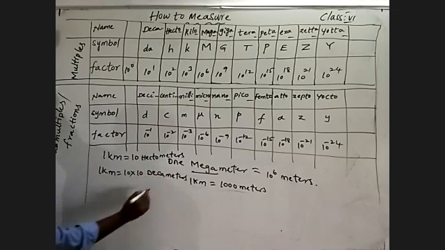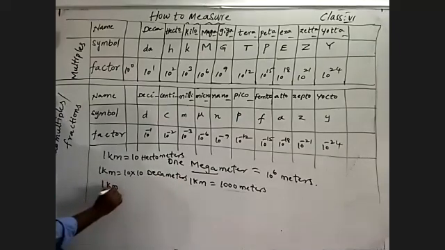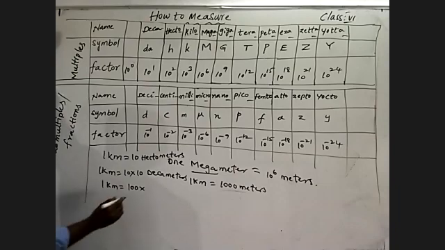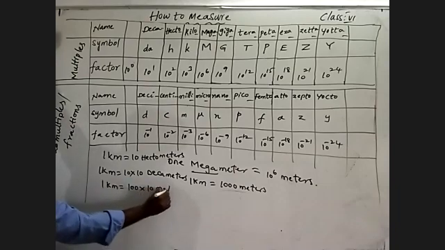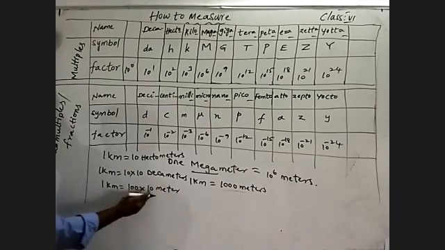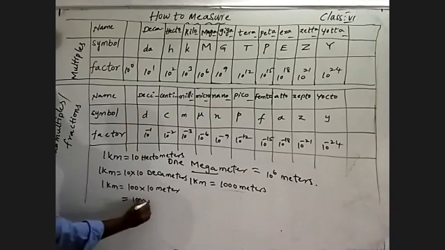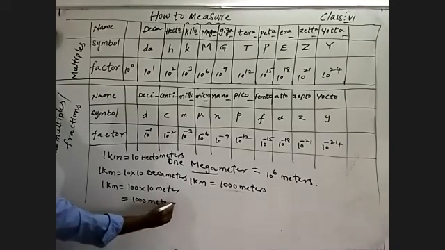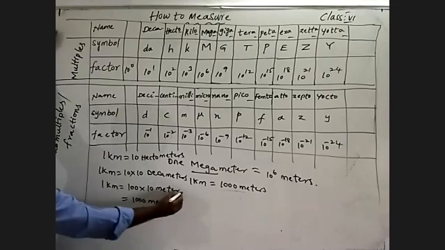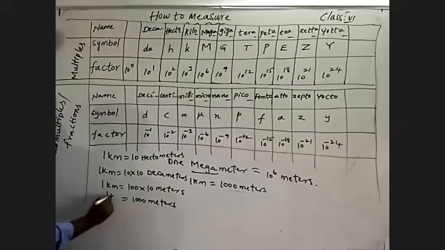So 1 kilometer is 10 into 10, that is 100 decameters, and 1 decameter is equal to 10 meters. So by that we get 1000 meters. So 1 kilometer is equal to 1000 meters.